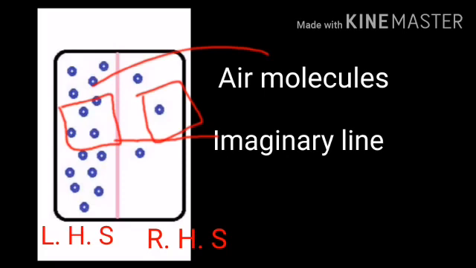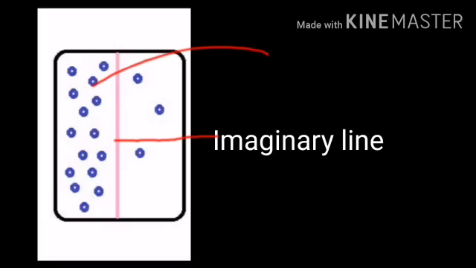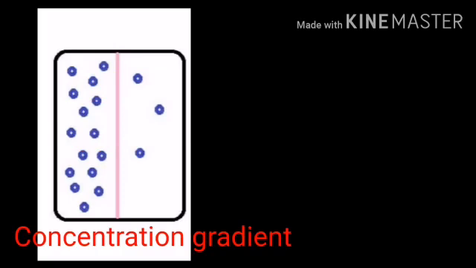So we have higher concentration on the left and lower concentration on the right. And when you have this situation of a higher concentration and then a lower concentration, we call this a concentration gradient.